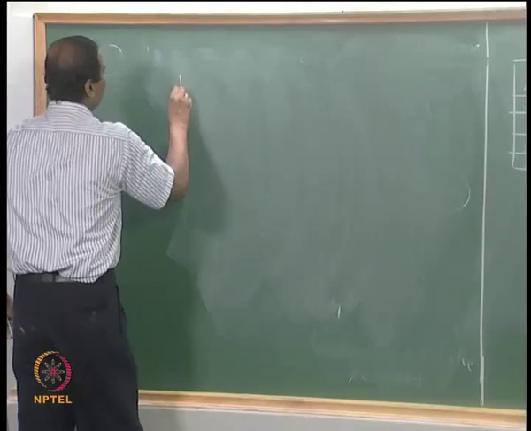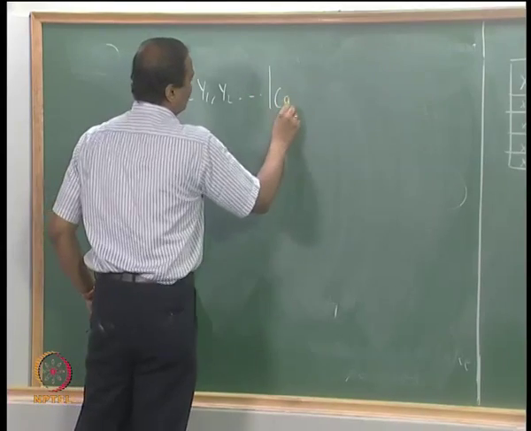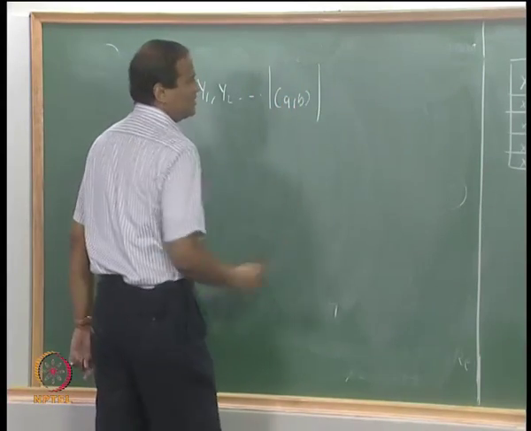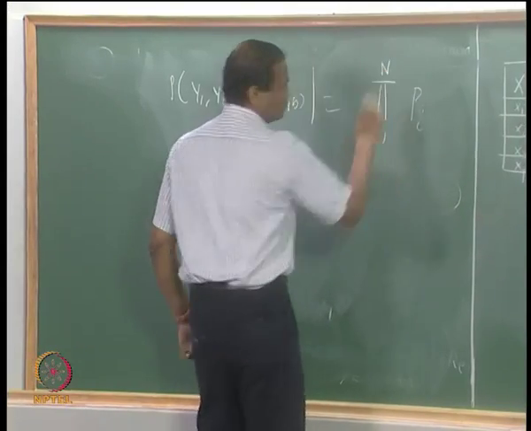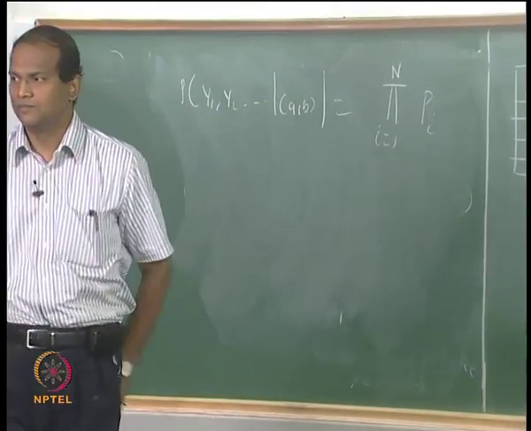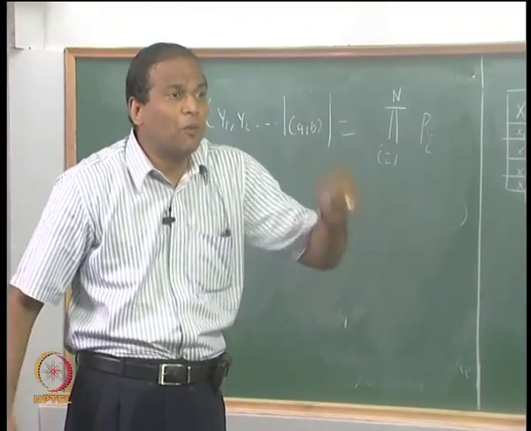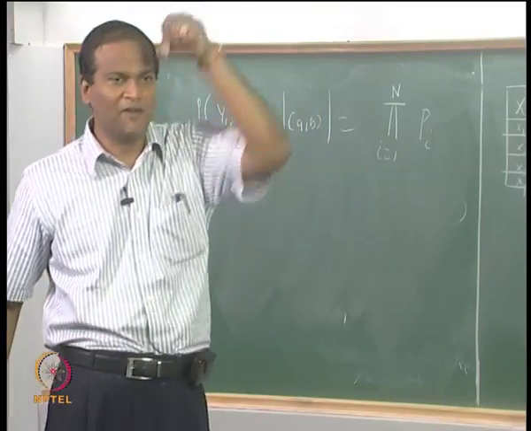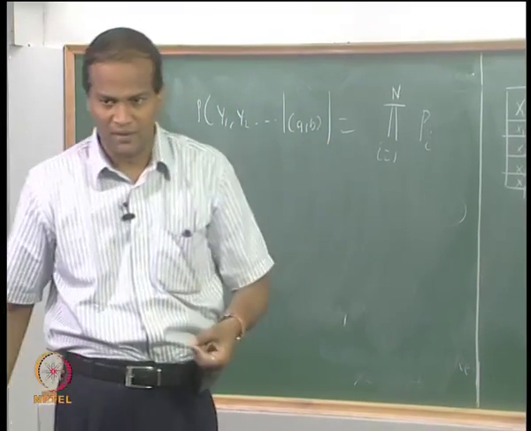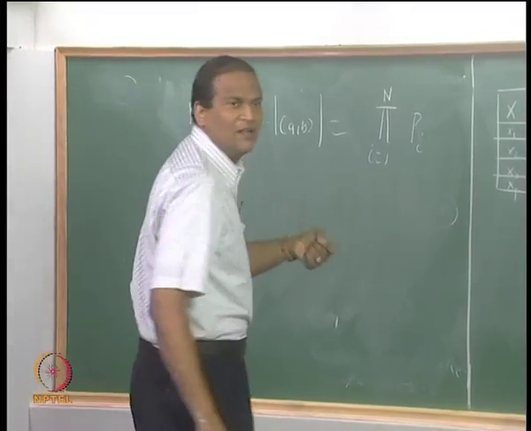Therefore the probability of getting y1, y2, y3 and so on for a given A, B is just given by the product of all the probabilities. The probability of getting y1 multiplied with the probability of y2. We cannot add, the probabilities have to be multiplied because these are what are called IIDs.